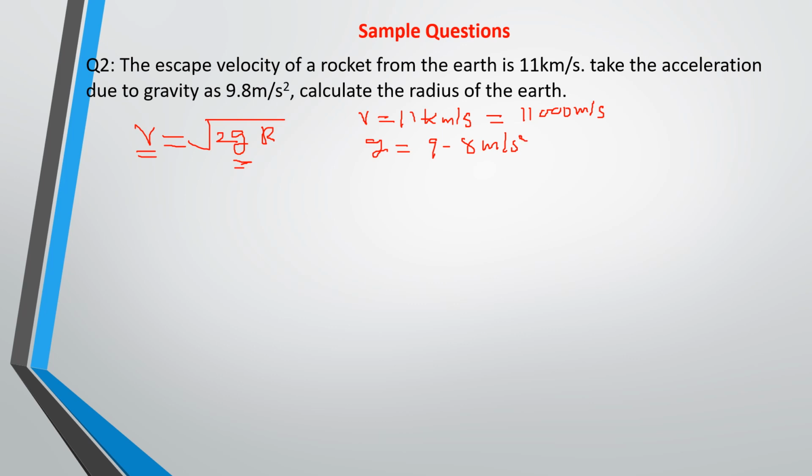Now I want to look for R, which we are not given. So make R the subject of this equation by squaring both sides. You have that v squared is equal to 2gR, so R will be equal to v squared all over 2g.